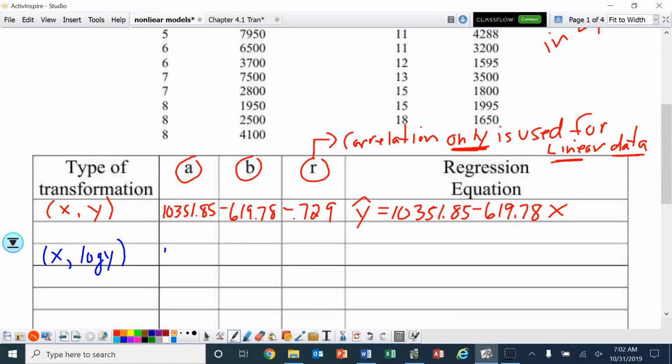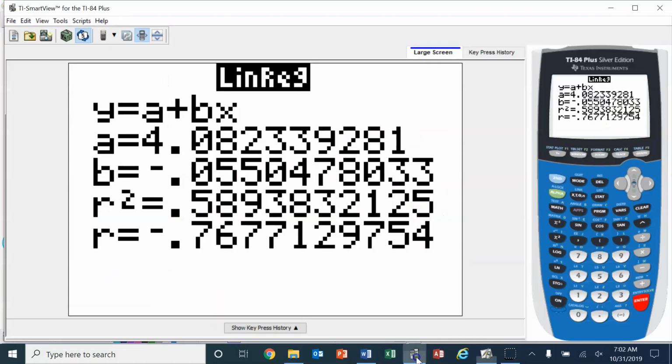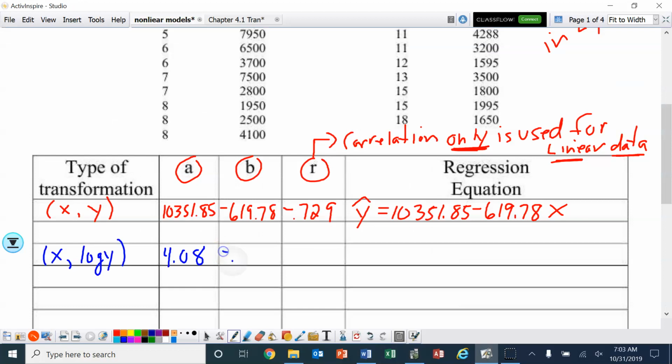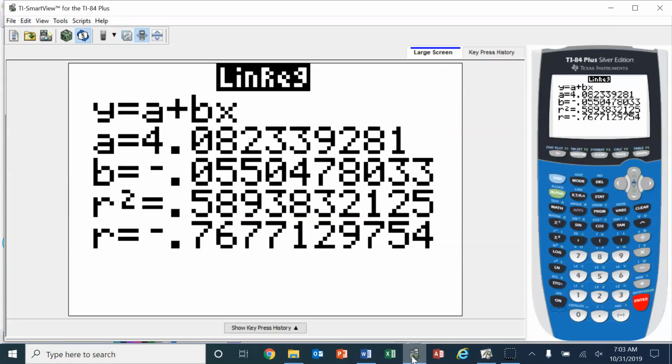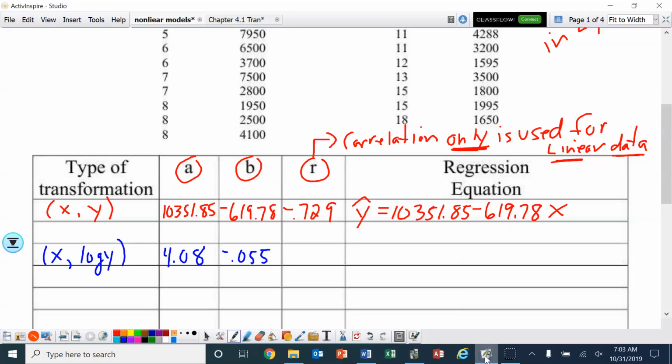So our A value is 4.08, and our B value is negative 0.055. And our R value is negative 0.768. Okay, it's definitely stronger than the original.